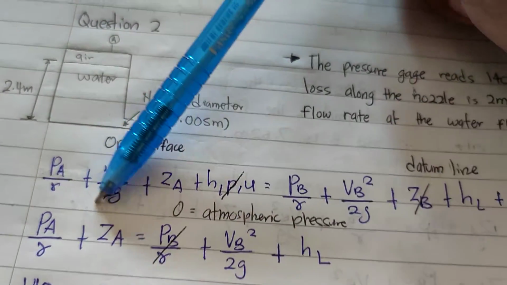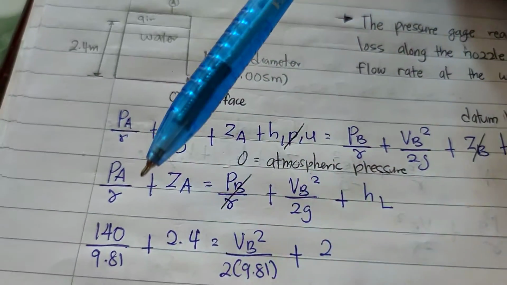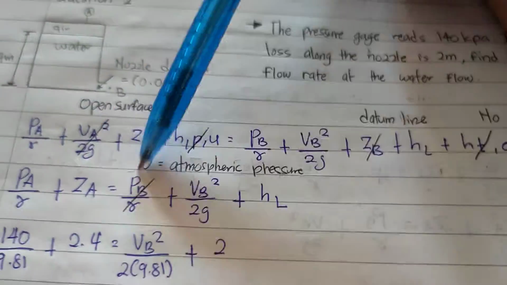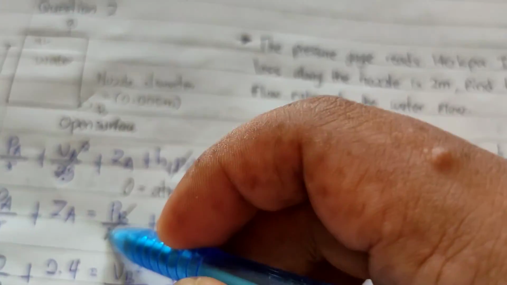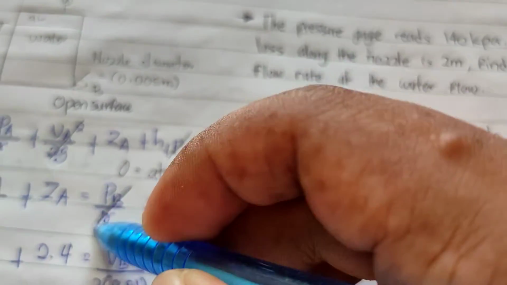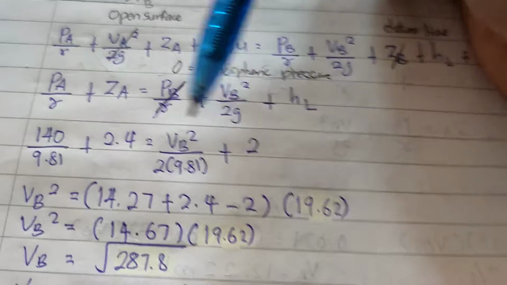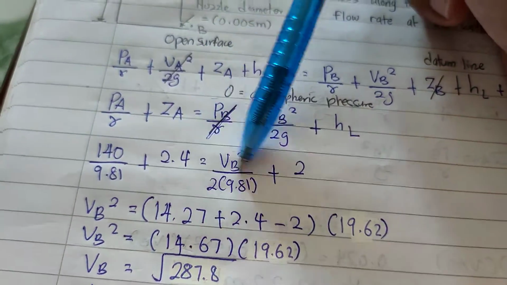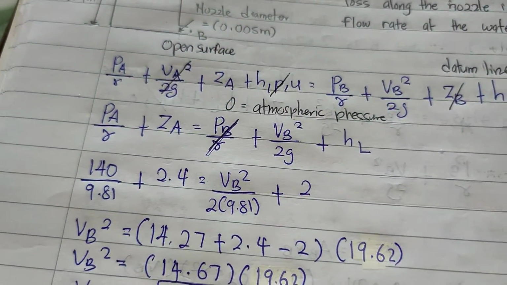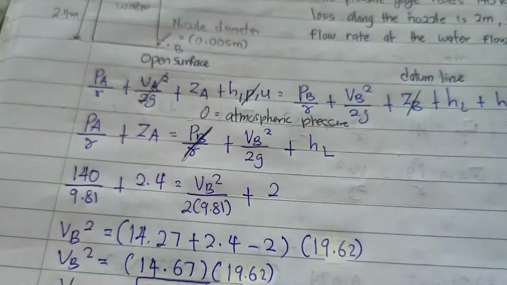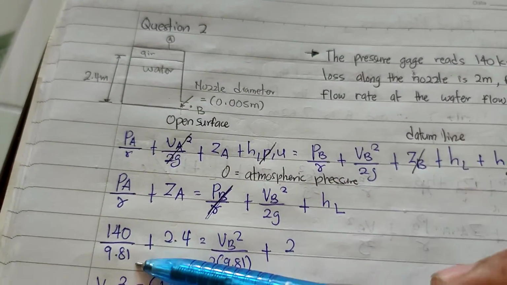So the final equation will be like this, and sorry about this one, we just can cancel out. Then the final equation will look like this, and we can plug in the information that is given.